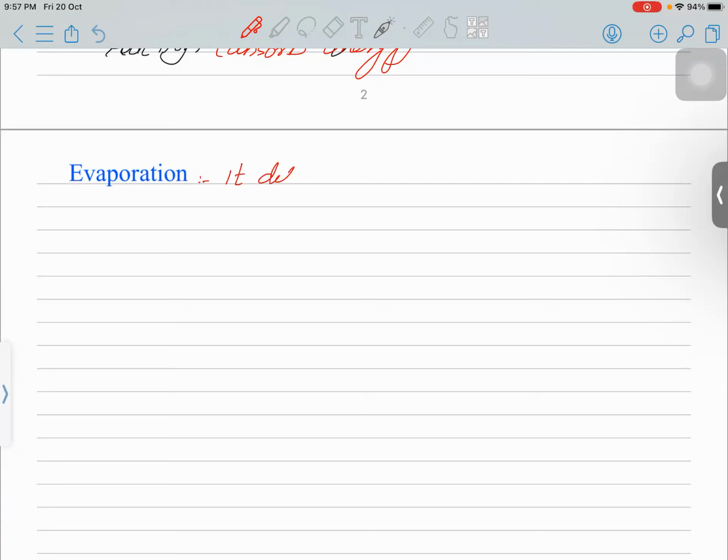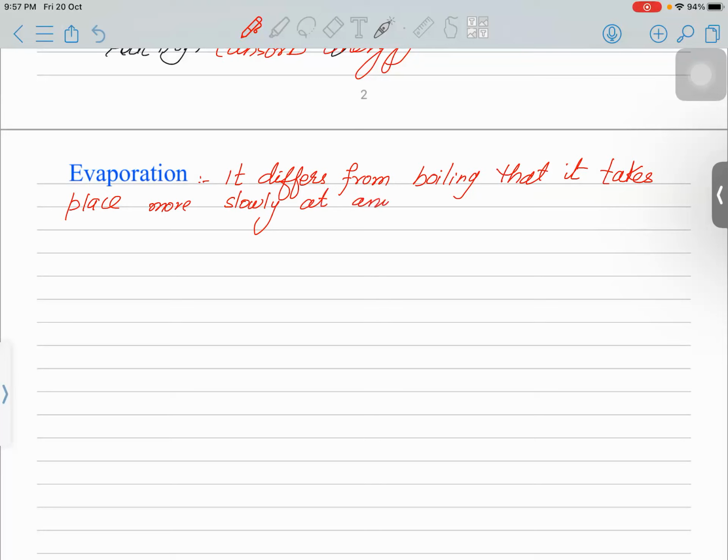It differs from boiling in that it takes place more slowly at any temperature.